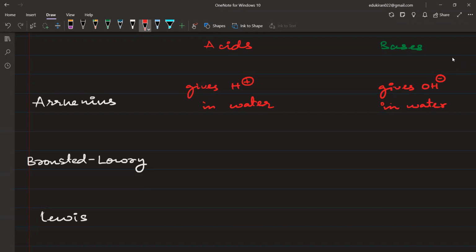Bronsted-Lowry said this is an H plus donor, this is an H plus acceptor. Lewis said this is an electron pair acceptor, and base is an electron pair donor.